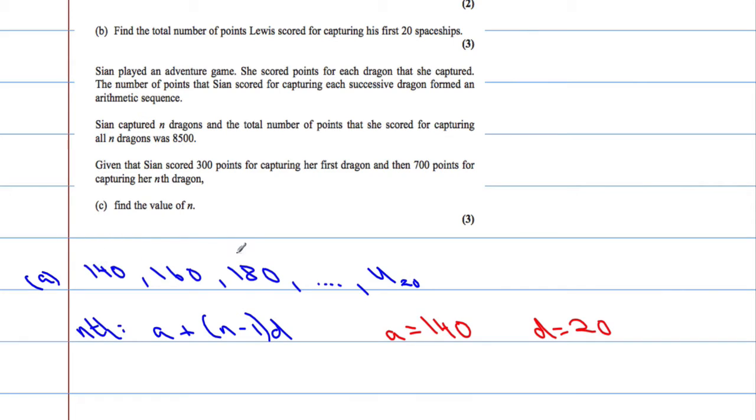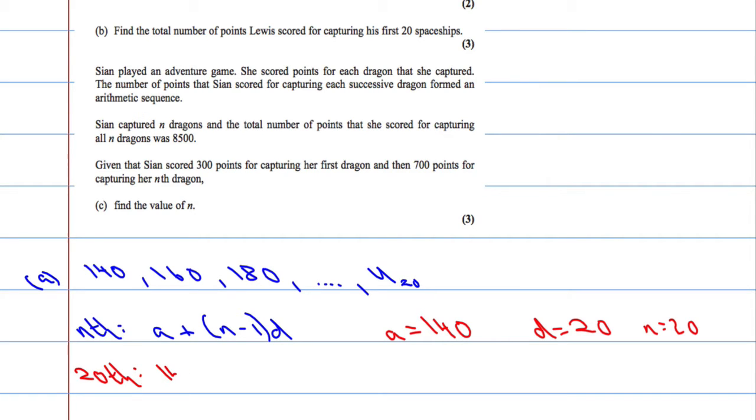So it takes 20 to get to each successive term, and n in this case is going to be 20. Let's substitute the values in. N is 20.